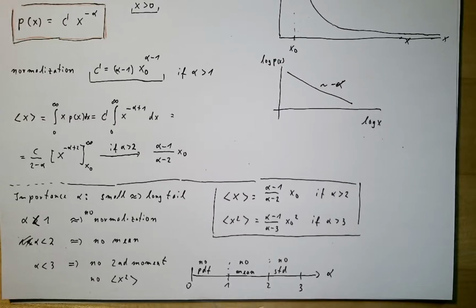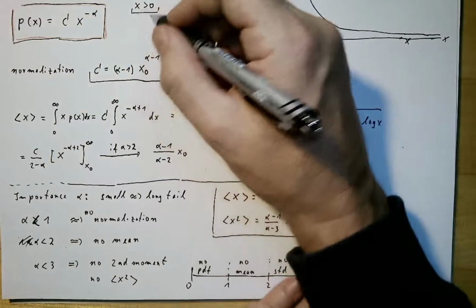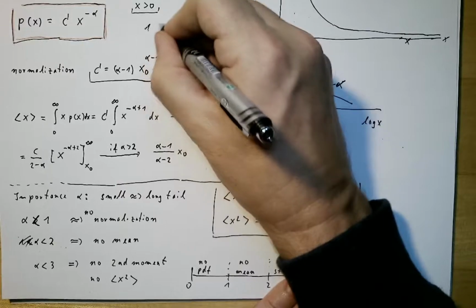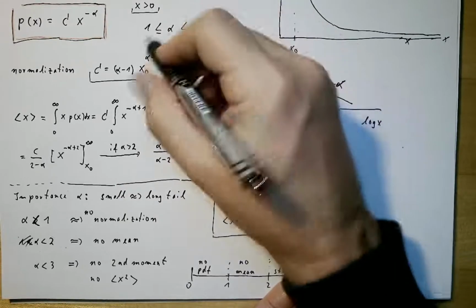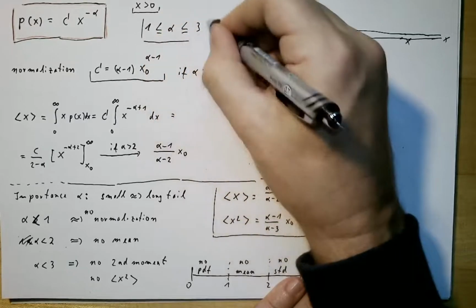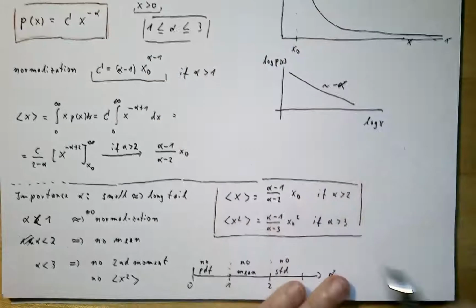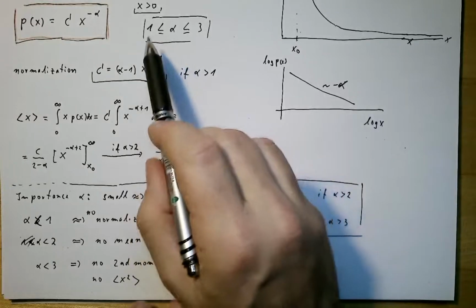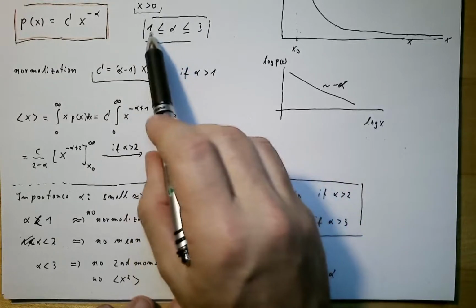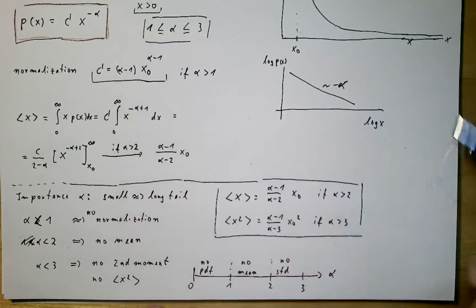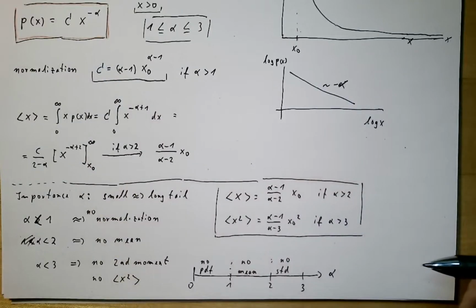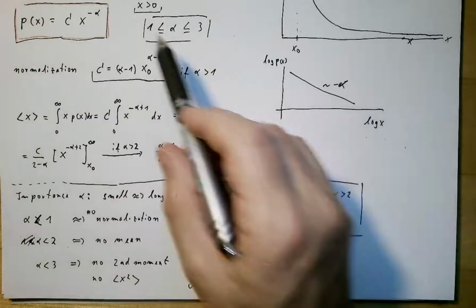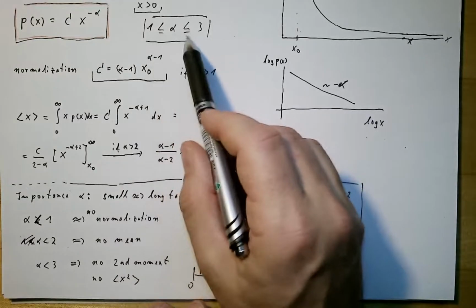So typically we say that alpha should be in a range between 1 and 3. Sometimes people look at alpha smaller than 1, but then you have to think what this even means, because the probability distribution is not normalizable. So typically we say that's the range of alpha.